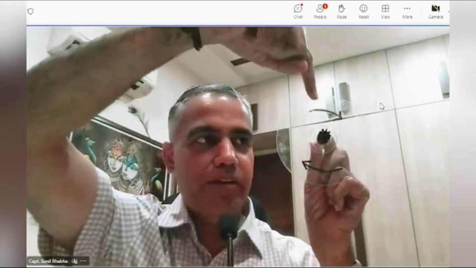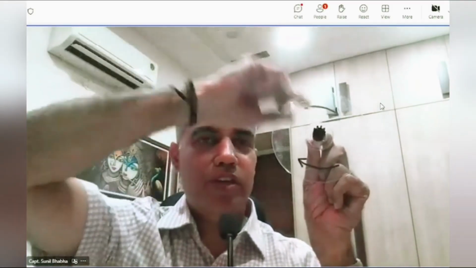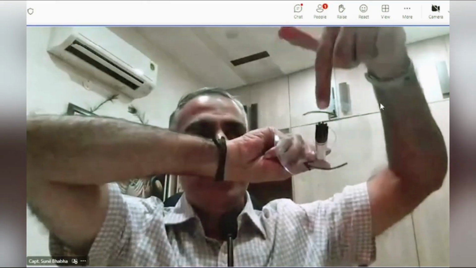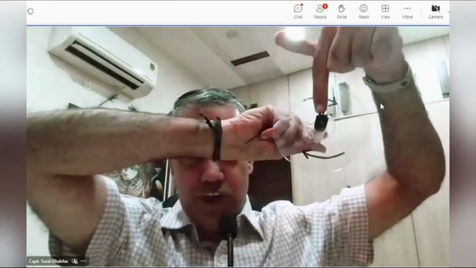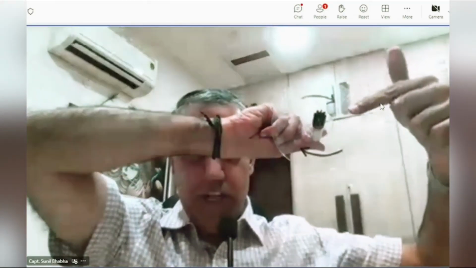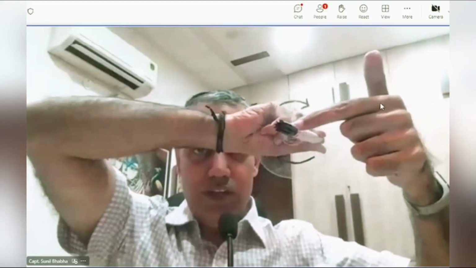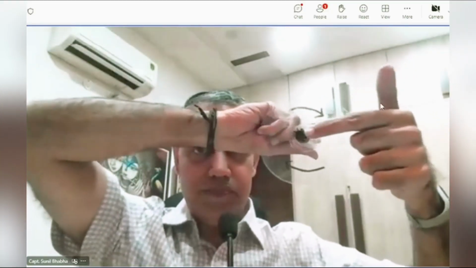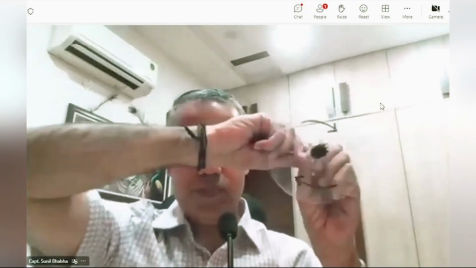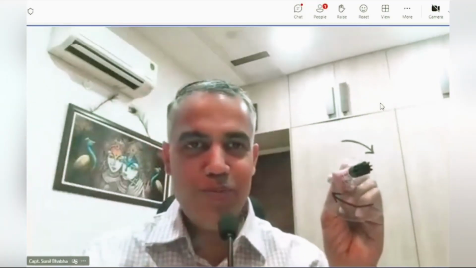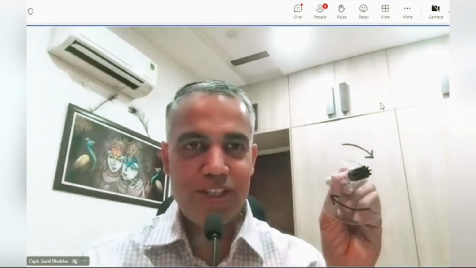Now if I apply a force this way, let me use the other hand, it will turn in this particular direction, in the direction of spin, and it will get moving in this way. So, were you able to make out gyroscopic precession?